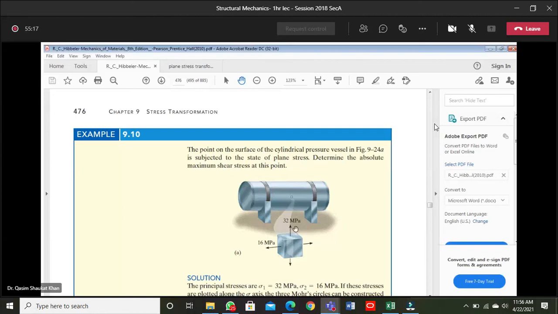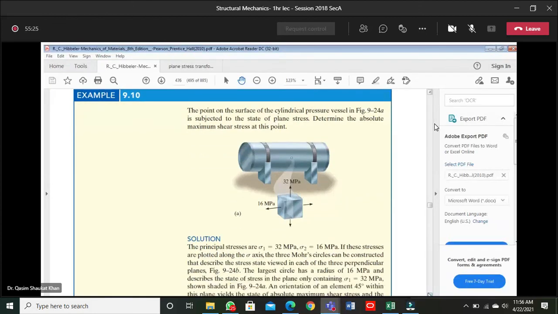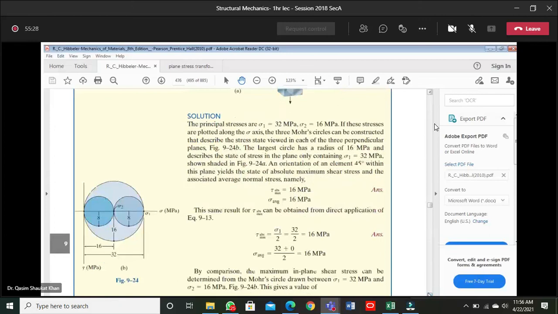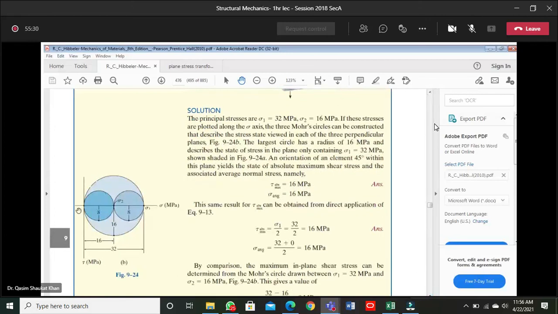So what you can do, you can also draw the Mohr circle just like this. Case 1, sigma 1, and then this is sigma 2, and this one will be sigma 1 minus sigma 2, and you will get the absolute maximum shear stress.